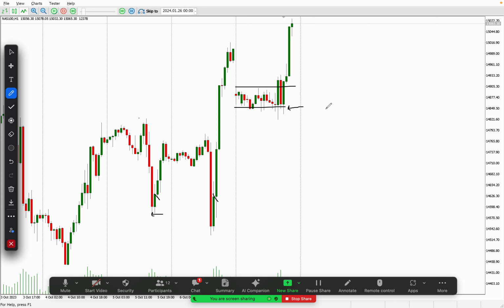My concern would have been a continuation into yesterday's channel, because this candle from the previous day is an imbalance. I would have been concerned that we would find ourselves back in yesterday's channel, which was below that imbalance.